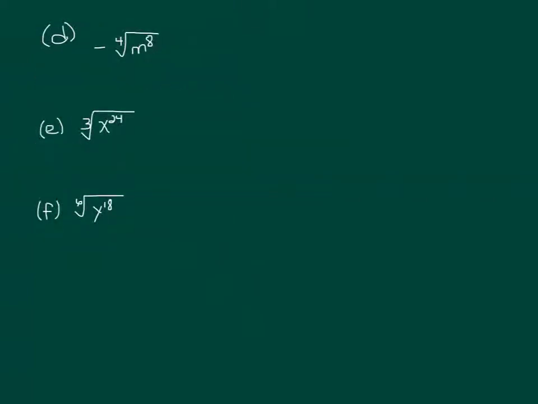The first three examples were in the form nth root of a to the n, so the index and the exponent match. They were exactly the same number. On D, I'm taking the fourth root of m to the 8th, so I need to know how many m to the fourths there are. So this is the same thing as negative fourth root of m to the fourth and another m to the fourth. So I have 2 m to the fourths.